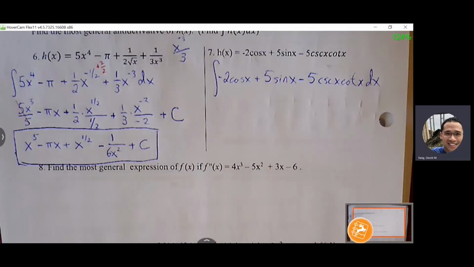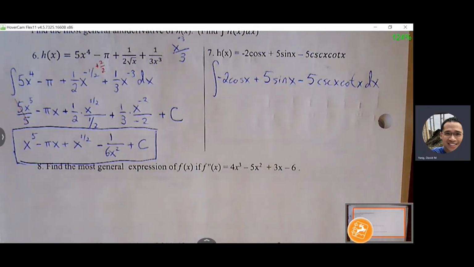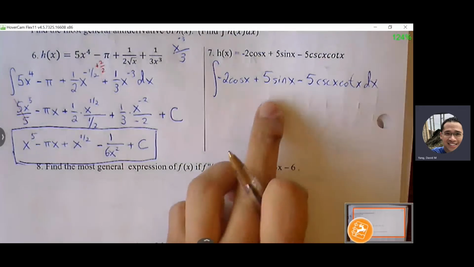Now, we do have integral rules for trig, but I want you guys to be able to grab it from your derivative rules. Okay, so your derivative rules are going to be from first semester. So if you think about first semester, okay, we'll pick this up tomorrow.